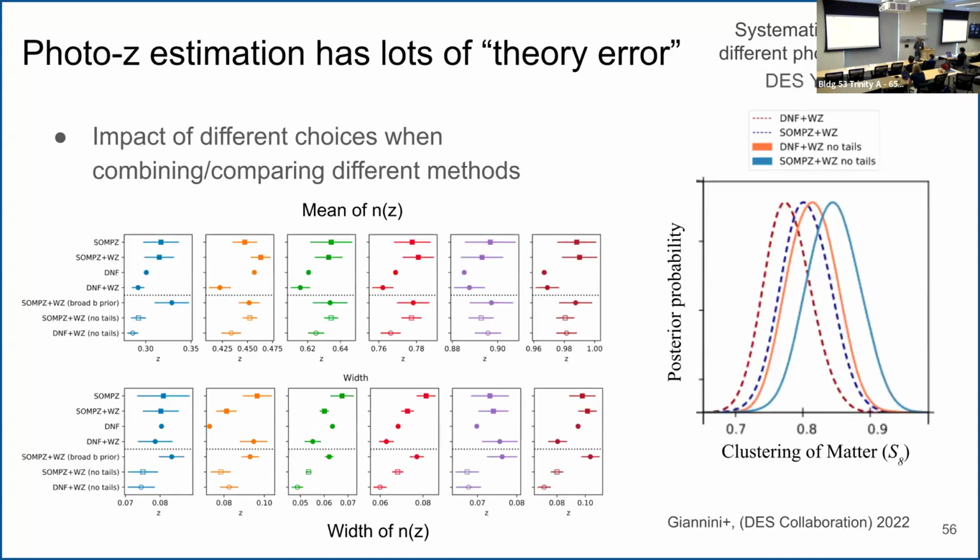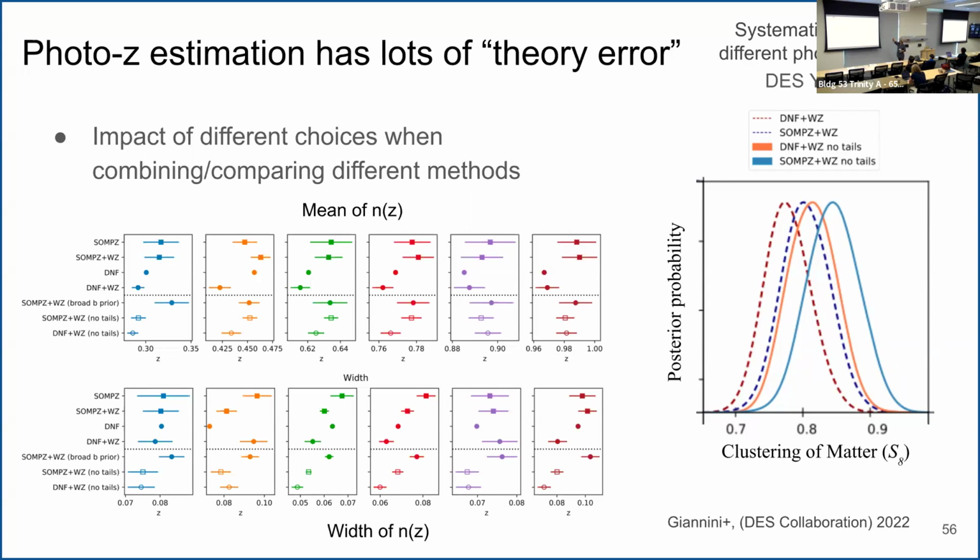So there's a lot of methodological freedom to try to account for this. The problem is it's really hard to quantify the statistical uncertainty that comes from turning all of these methodological knobs. So here's an example case with the Dark Energy Survey, where I work also. Giulia Giannini did this, looking at applying some of these different photo-z codes, all of which were listed in one of the previous talks as being among the primary things being looked at.